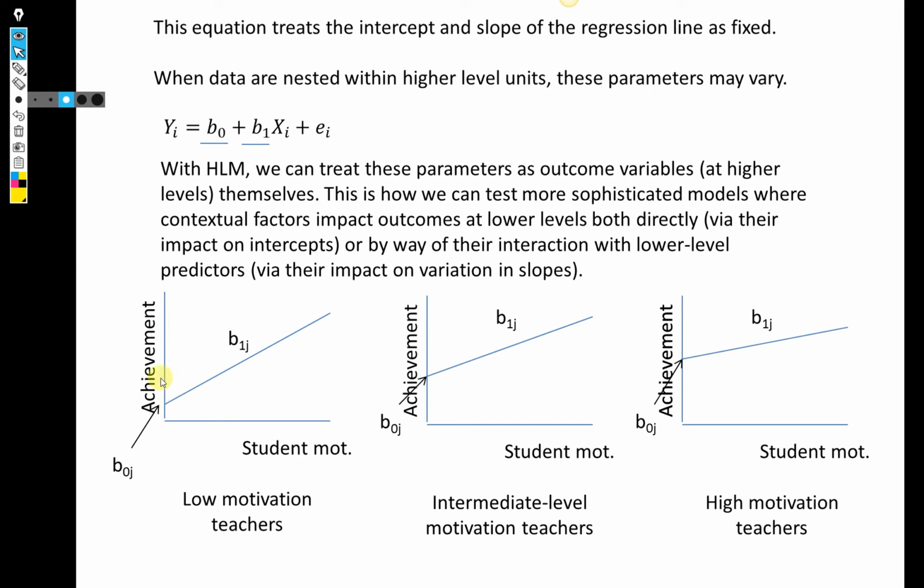So in a nutshell, with HLM, we can build in the ability to randomly vary the intercept and or the slope, and that's what allows us then to study the relationship between higher level units and the characteristics of those units and lower level outcome variables.